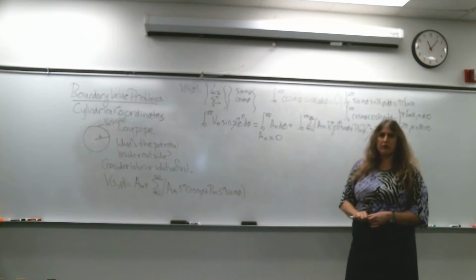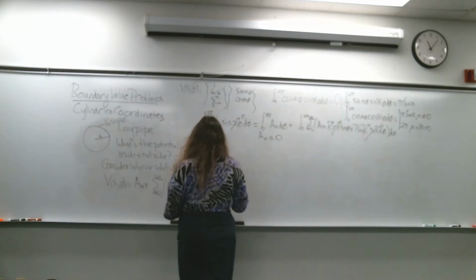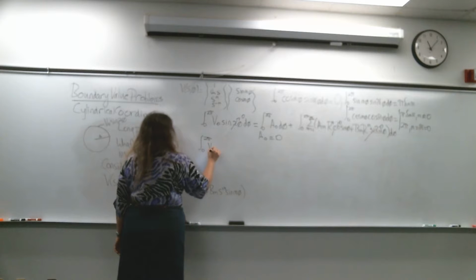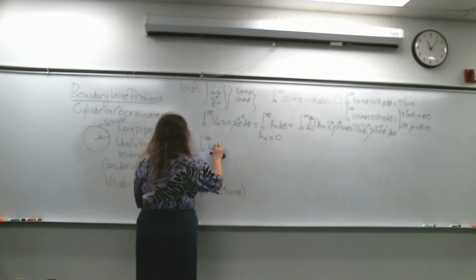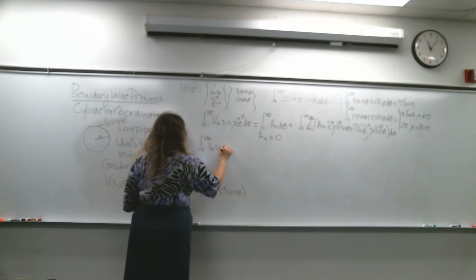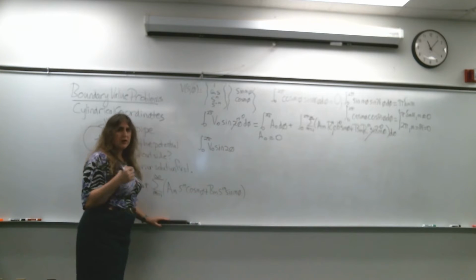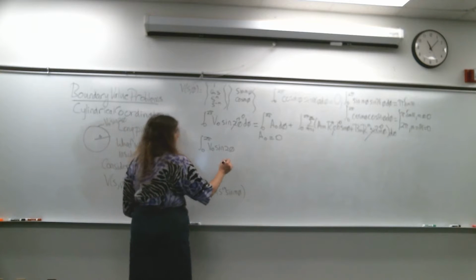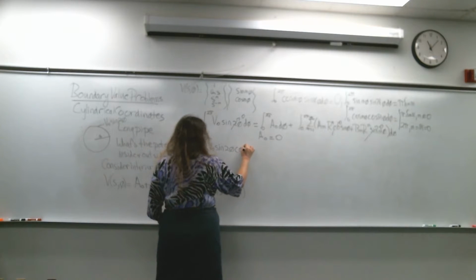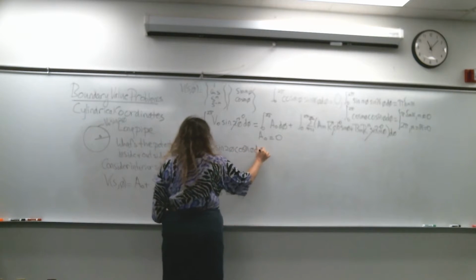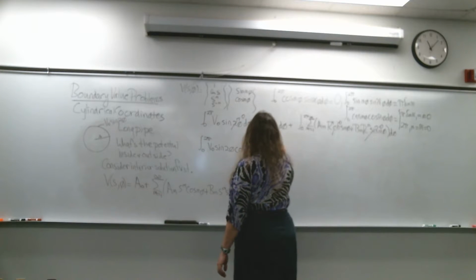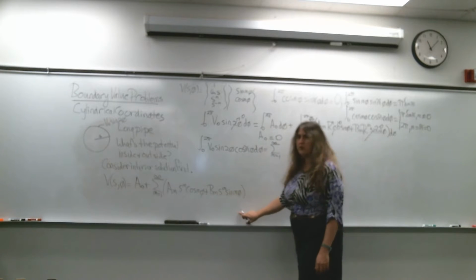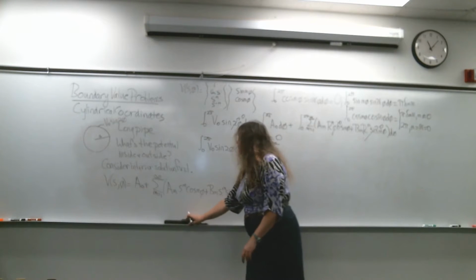How about the cosine terms? To extract those, I'm going to multiply through by cosine m tilde phi. And by the way, I'm leaving out the A naught term because we just figured out that that was equal to 0.